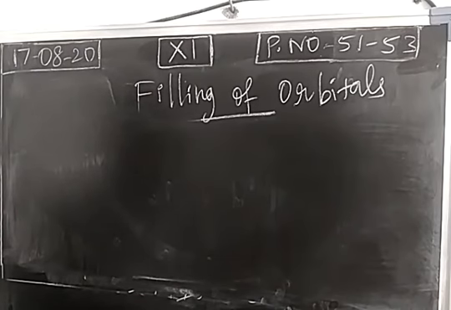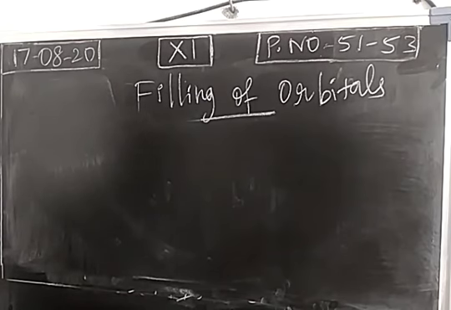Maximum 3 quantum numbers may be same. The 4th quantum number will be different because one electron is spinning clockwise, another electron is spinning anti-clockwise. Hund's rule says in degenerate orbitals, electrons singly occupy, then pairing takes place because pairing needs more energy, right? So these are the basic principles used to write electronic configurations.